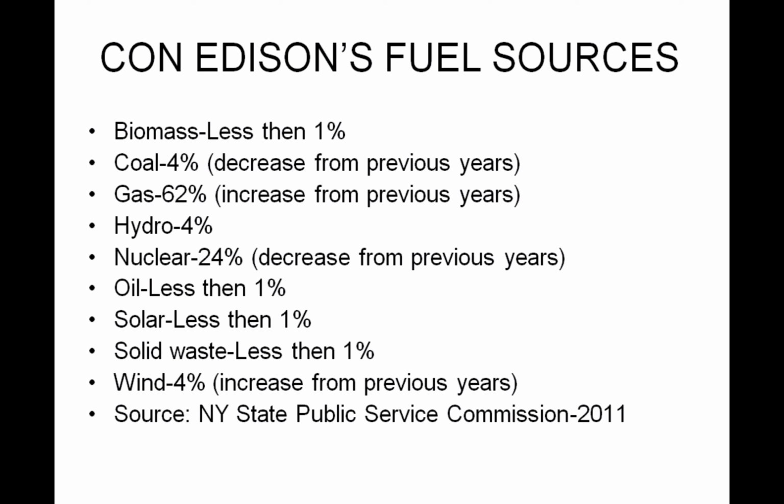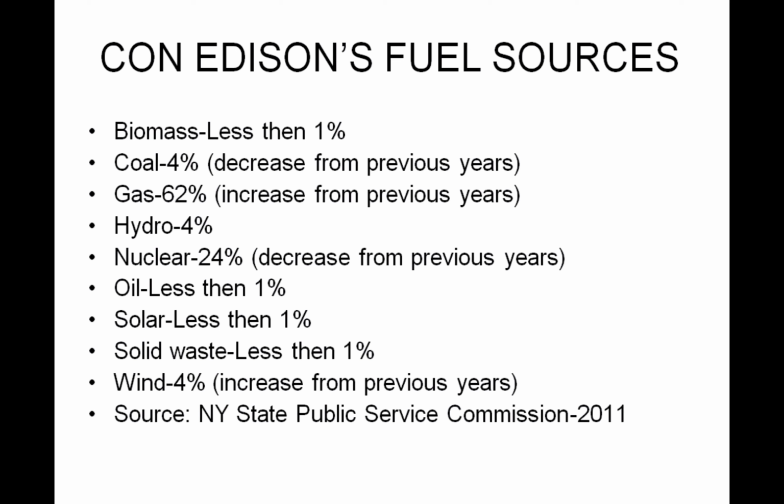I thought we had done away with all that. And then they are trying to increase the amount of solar and wind power, which you see is at about 5 to 6% of their total fuel sources. Water generates 4% in hydro, and then biomass and other types 1% or less.